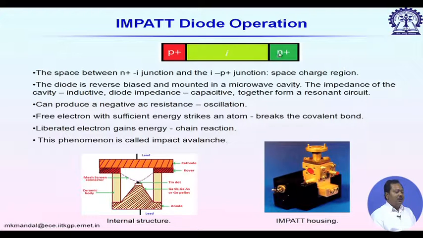Again, these newly generated electron hole pairs will accelerate and also create more electron hole pairs, and that is why it is called an avalanche procedure. It can produce a negative AC resistance. So, since there is negative AC resistance, we can have oscillation at microwave and millimeter wave frequencies.